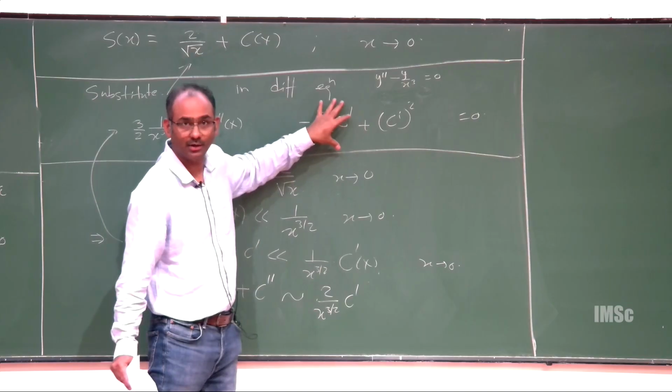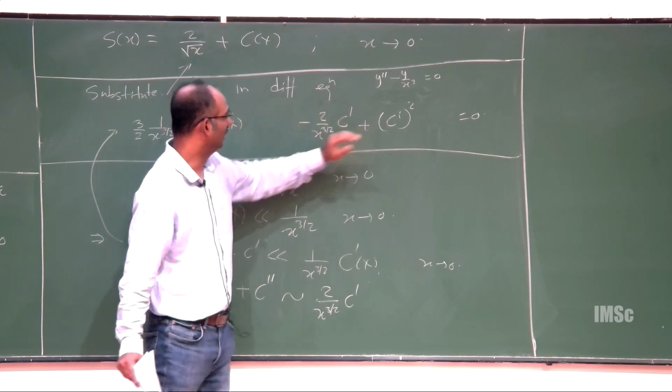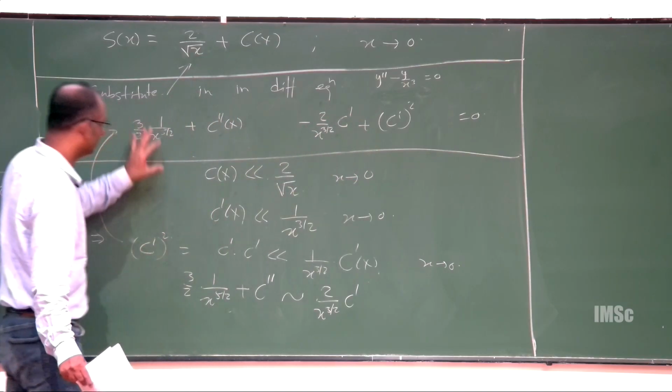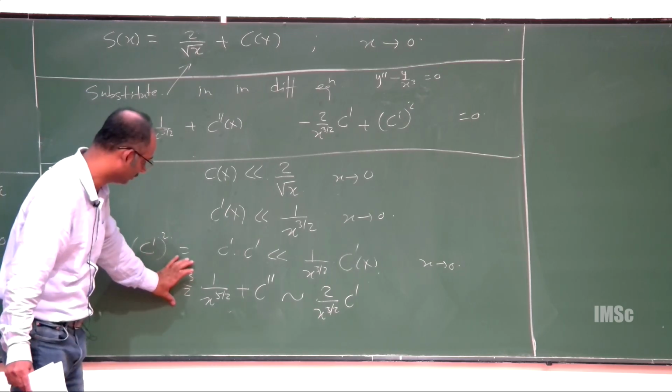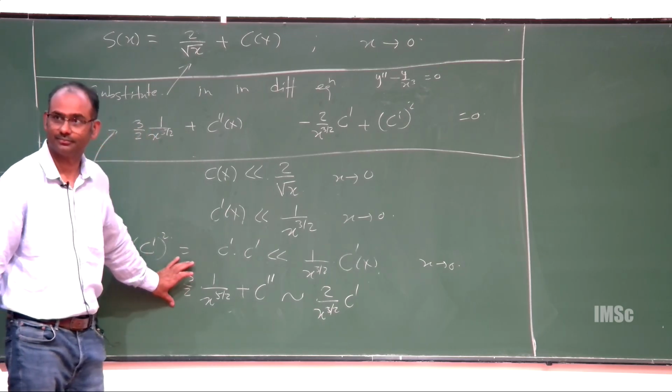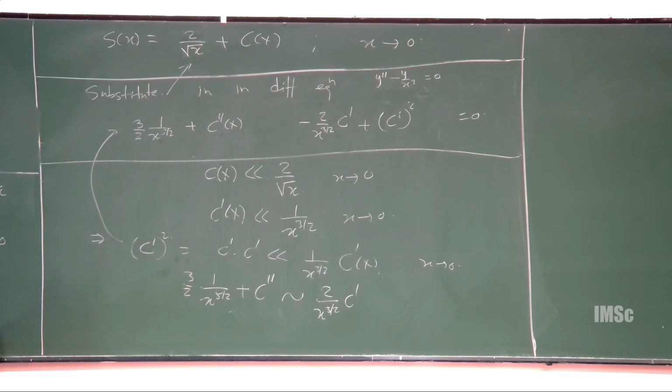I am leaving that term out, and in that asymptotic analysis, this equation becomes this asymptotic relation. Is that okay? We are about to see something now. Nice or not is a different thing.